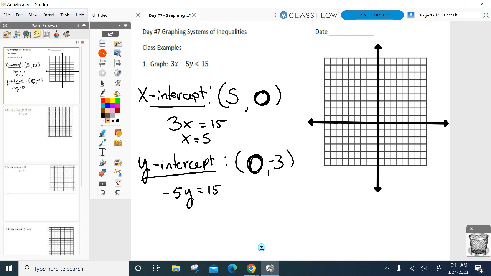X axis. 1, 2, 3, 4. 5 on the x. Negative 3 on the y. That's all you need. I don't need 2 to 10 more points.